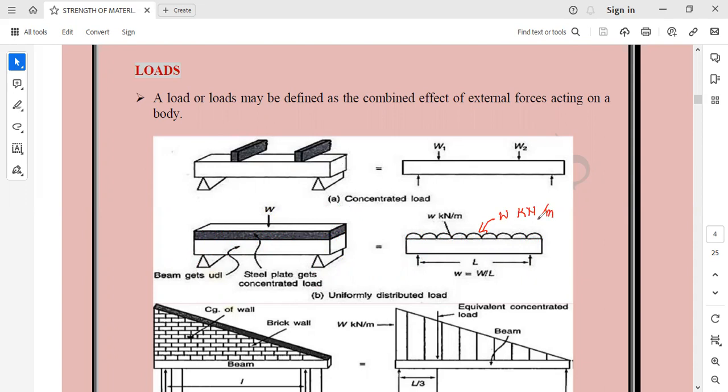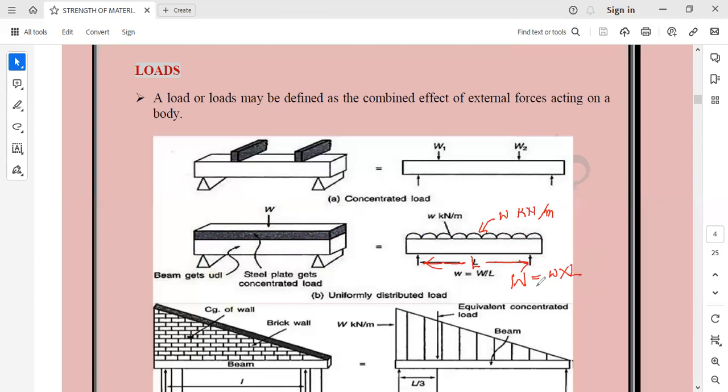So per meter length, the weight is W kilonewtons. If you have to calculate the total weight of this steel plate, the total weight would be capital W, which will be equal to weight per unit length into the total length of the beam, that is L in this case.